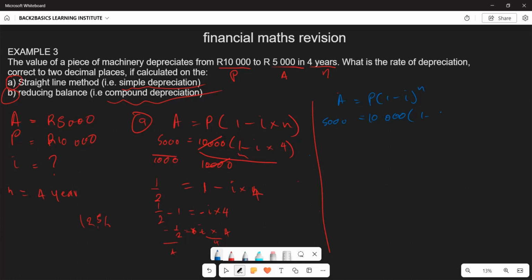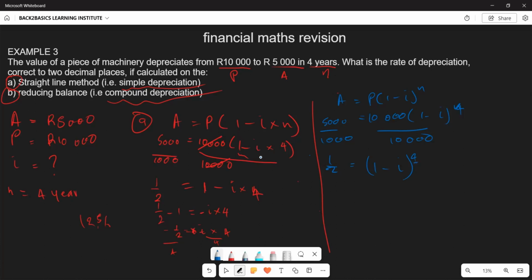The interest is the one that we are calculating for, and N is the number of years, right? So we divide by 10,000 on this side, and divide by 10,000 on this side again. So we are left with 1 over 2 on this side, and on this side it's 1 subtract I to the power of 4, isn't it so?